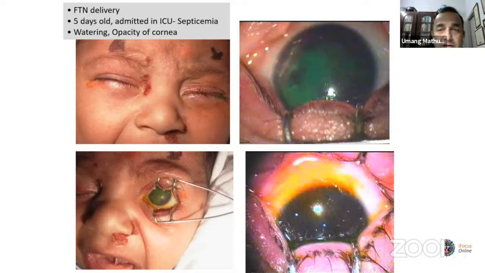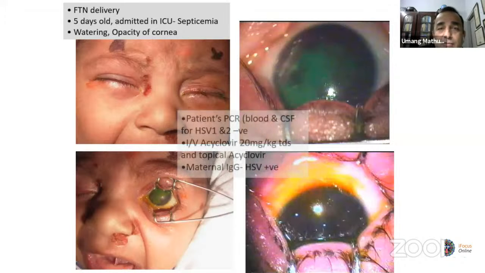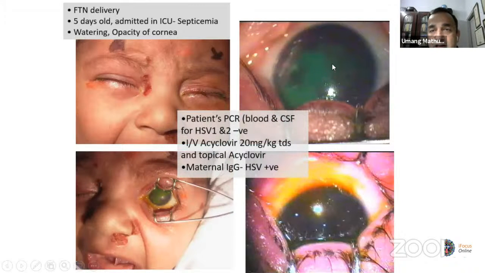So we took the patient up for EUA, and you find not only does the cornea take up stain, almost like a geographic stain, but even the conjunctiva had staining and a geographic kind of ulcer. These patients often have encephalopathy, and the patient can be very toxic. And if not treated in time, sometimes these babies can die.